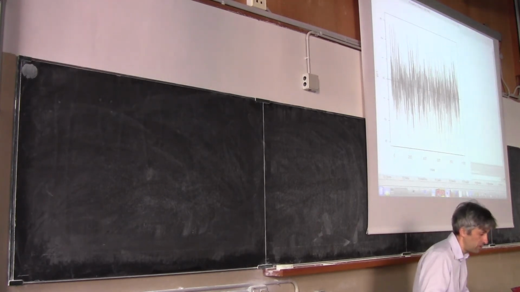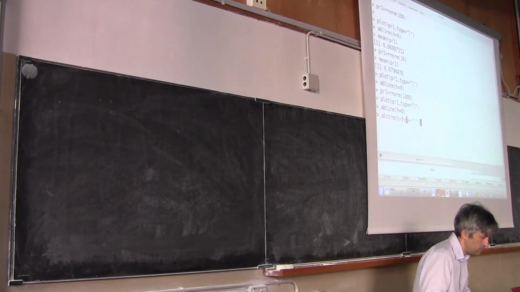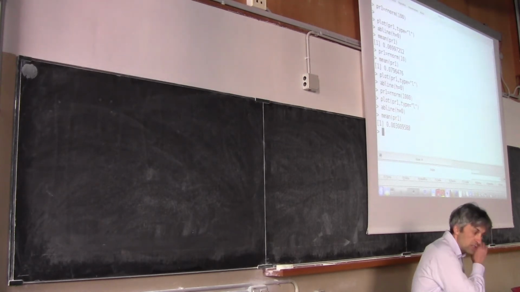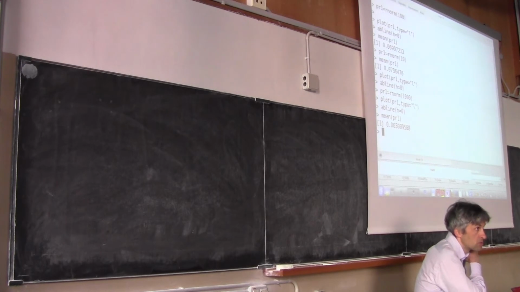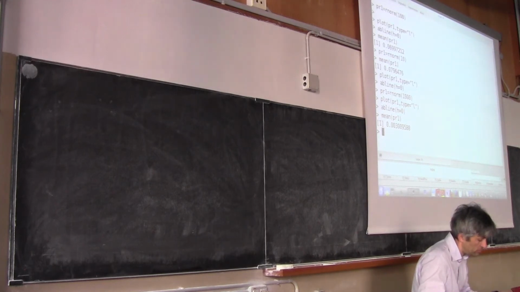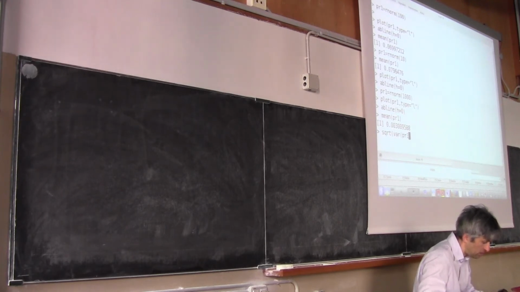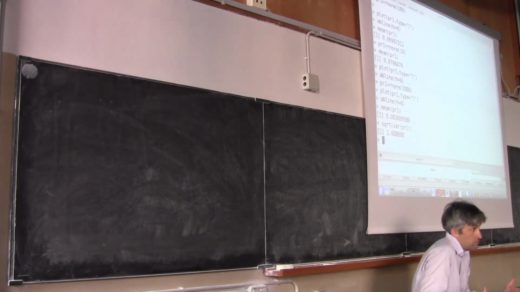And let's try to compute the mean value. You see that it's closer to 0, it's almost 0. And let's compute the standard deviation. Let's do it: square root of variance of PR1. You see, basically it's 1.